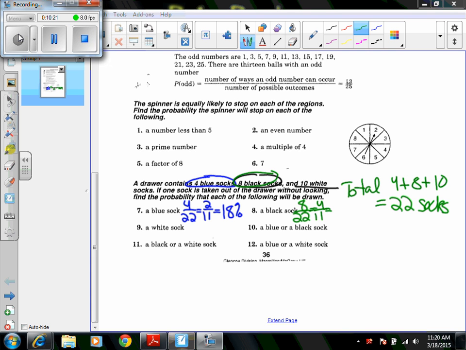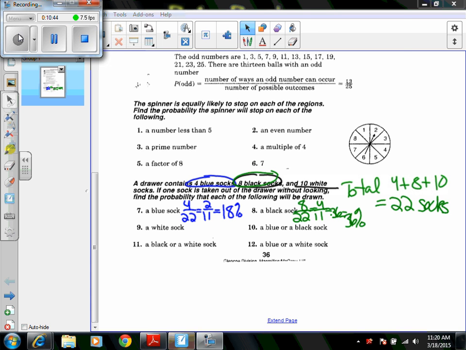And then I'm going to change 4 11ths to a percent. I can use my calculator. I divide 4 by 11 and I get 0.36. And then I change that to a percent by moving the decimal place over 2 to the right. So I have a 36% chance of drawing a black sock out of the drawer.